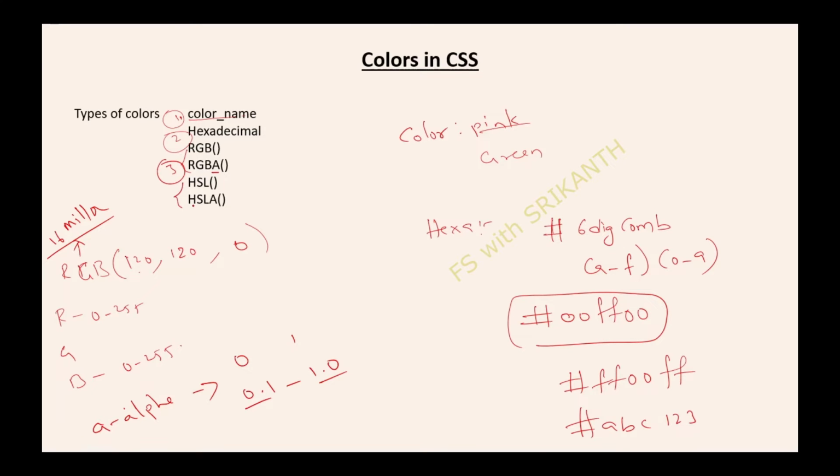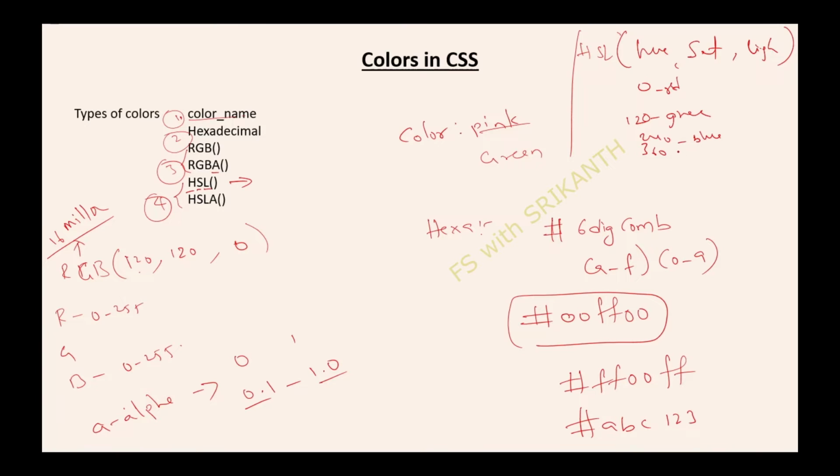The fourth one is the HSL function. This HSL has 3 values: the first is hue, then saturation, and the next is lightness. H is for hue, S is for saturation, and L is for lightness. When we use hue, it ranges from 0 to 360. 0 represents red, 120 is green, and 240 is blue.